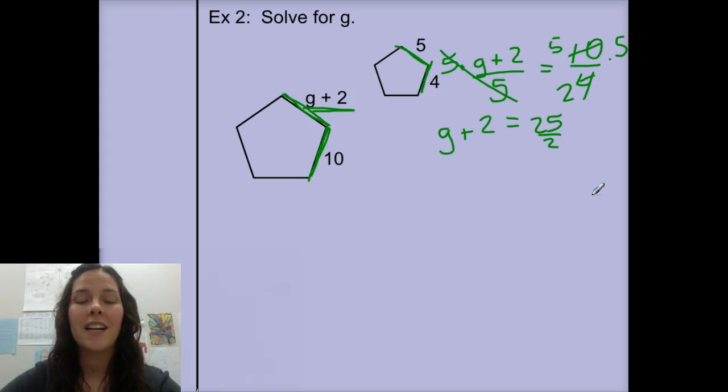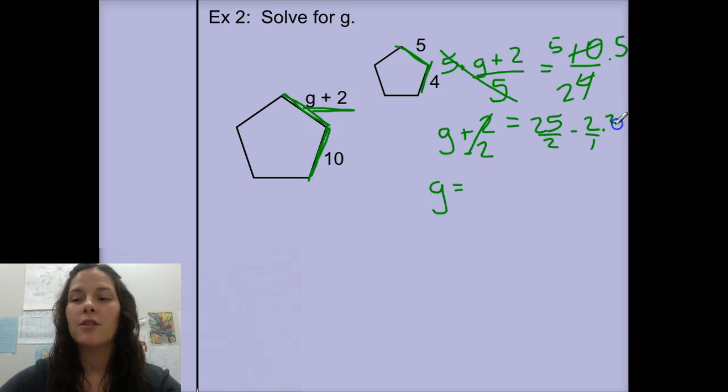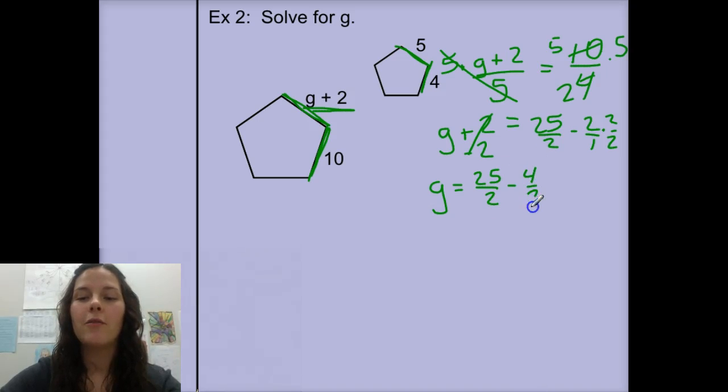And we have 25/2. Now we need to subtract 2 from both sides to solve for g. However, the right-hand side is a fraction, so when I subtract 2, I need to find a common denominator. So I'm going to start by putting my 2/1, and notice that my common denominator is 2. So I'm going to multiply my 2/1 by 2/2, so that gives me 25/2 minus 4/2.